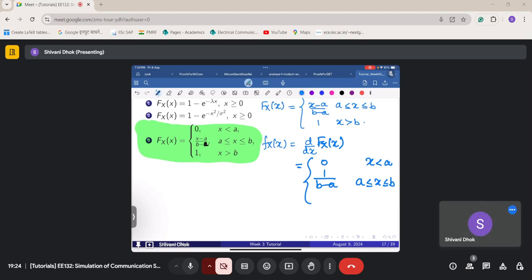And for x greater than b, FX is again a constant, and therefore this will be equal to 0.